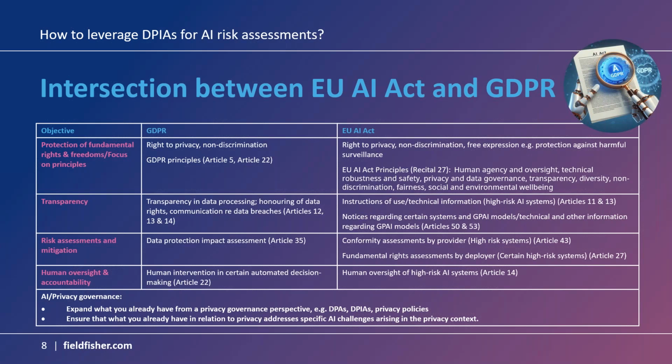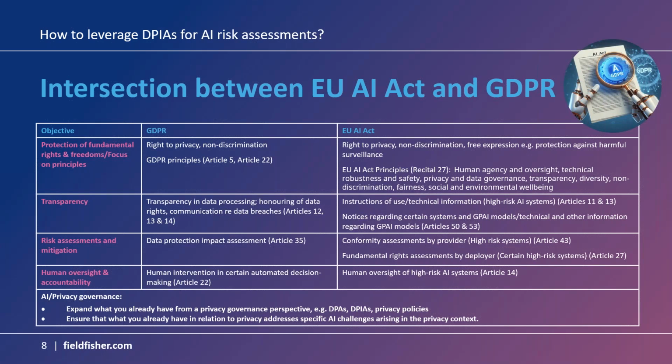In a similar way, the EU AI Act is aimed at protection of certain fundamental rights and freedoms, including the right to privacy, non-discrimination, free expression, protection against harmful surveillance. And as I've mentioned already, there are certain principles set out in Recital 7, which again are set out in that slide, which talk about human agency and oversight, transparency, fairness, etc.